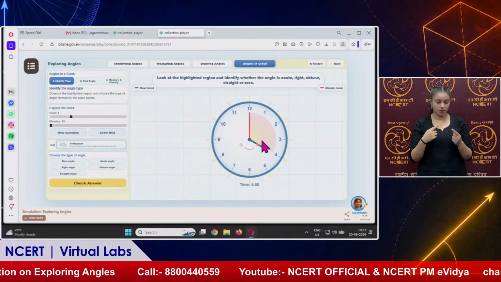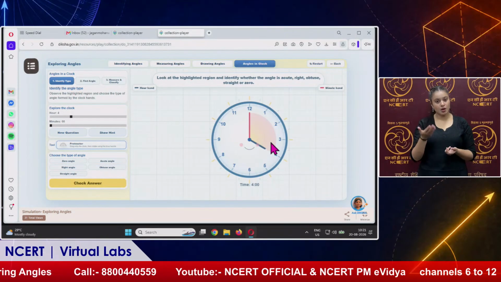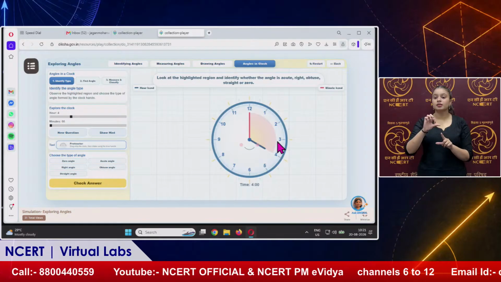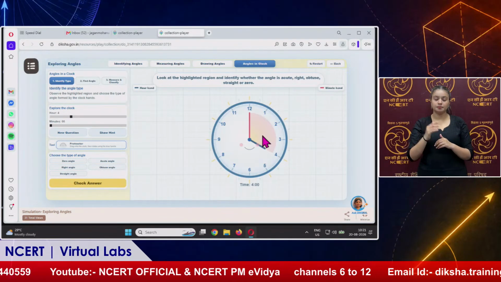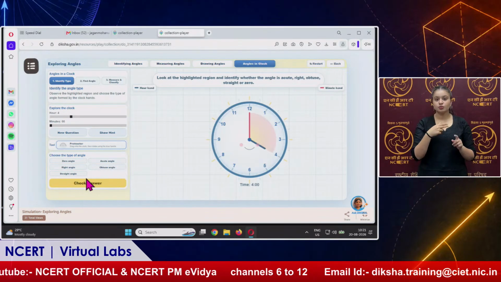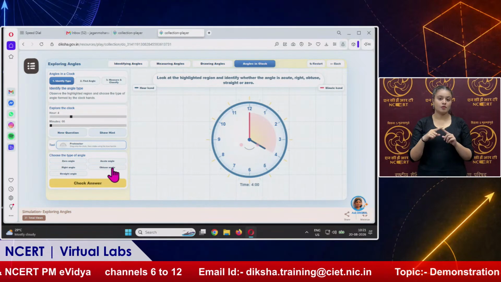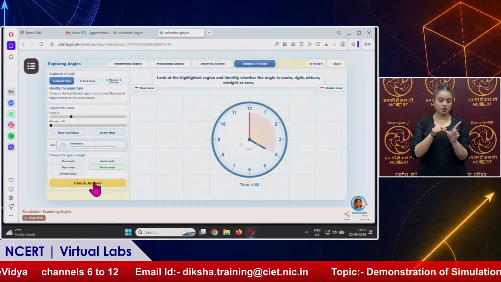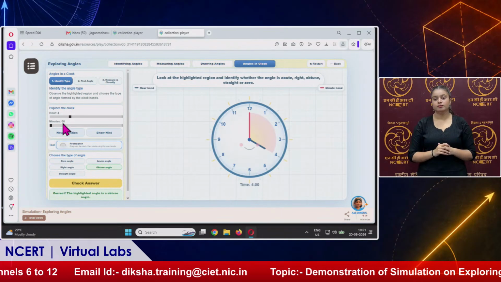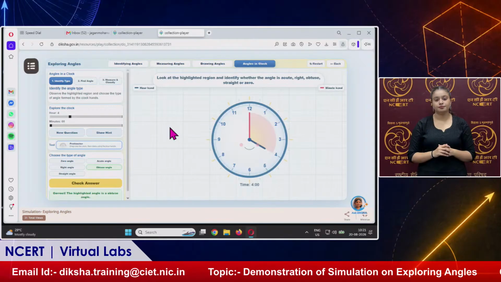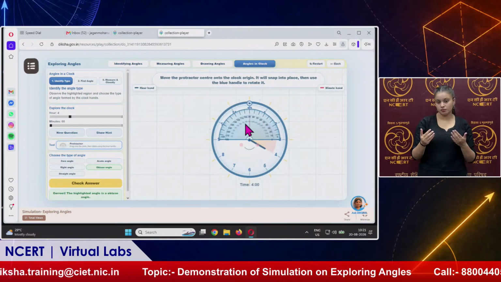First, as we know, this angle is more than 90 degrees, so obviously this is called an obtuse angle. We can also check this with the help of the protractor.